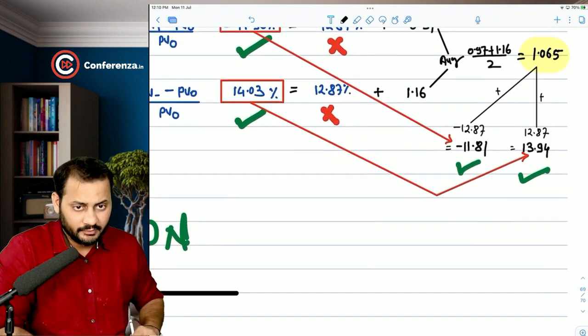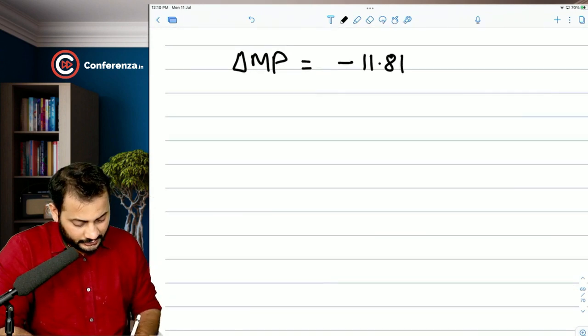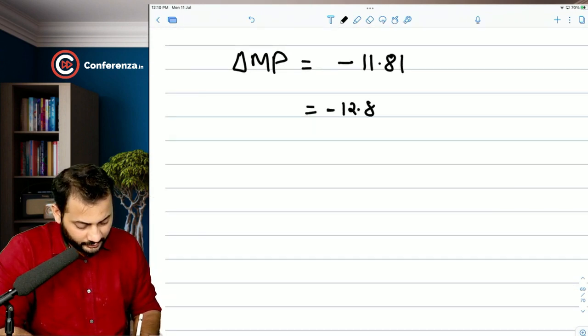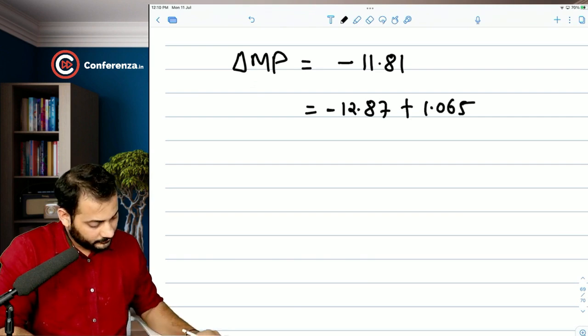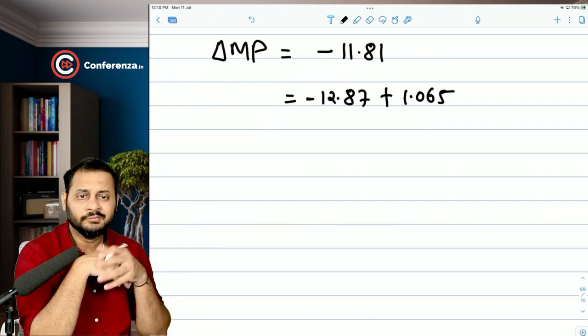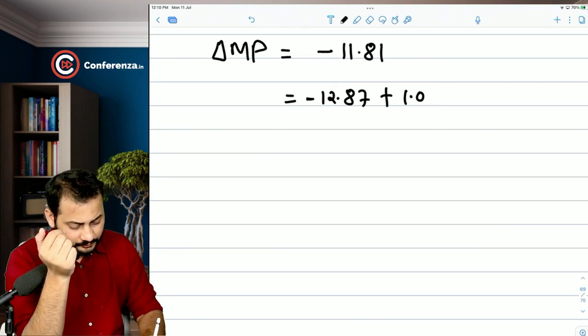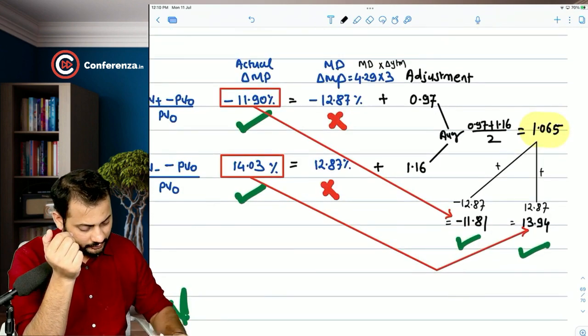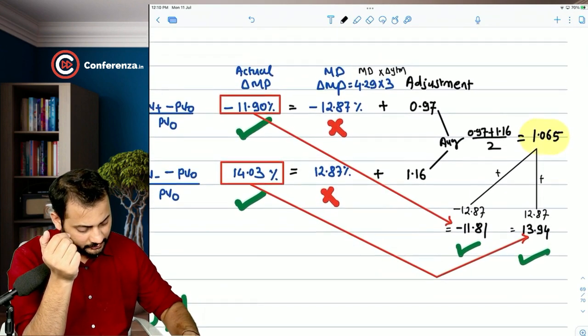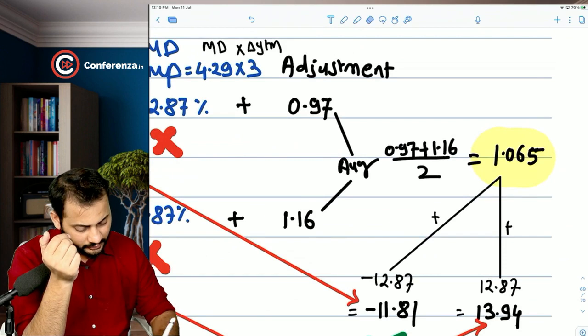Am I right? 11.81%. This 11.81% was arrived at by minus 12.87 plus 1.065, right? You can take it as 1.07 also in round off. What I will do is here as well I will do the same thing so that there is no confusion.